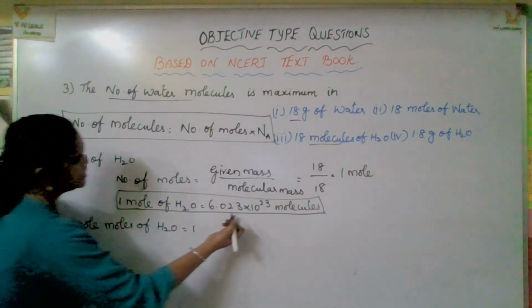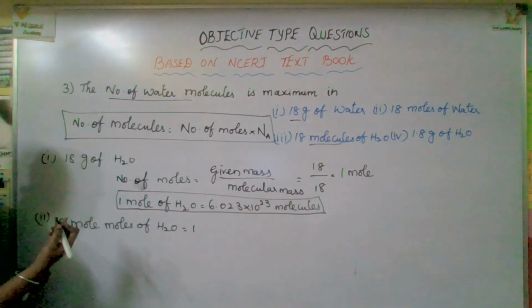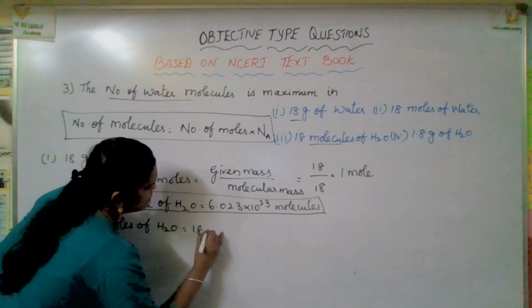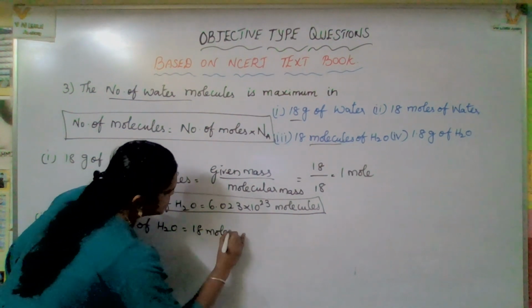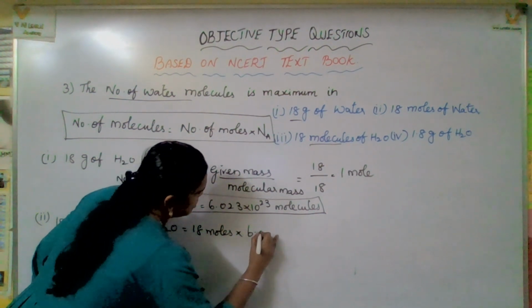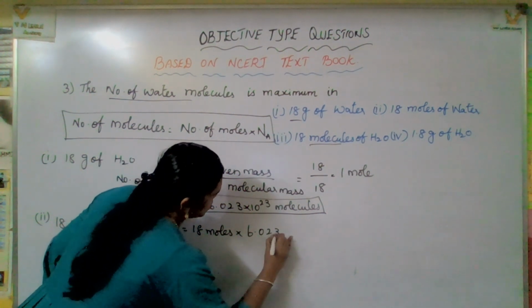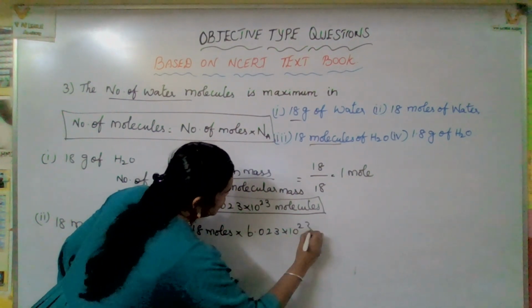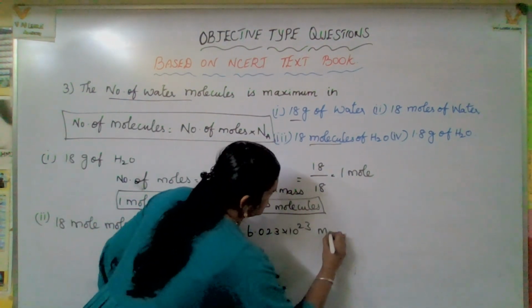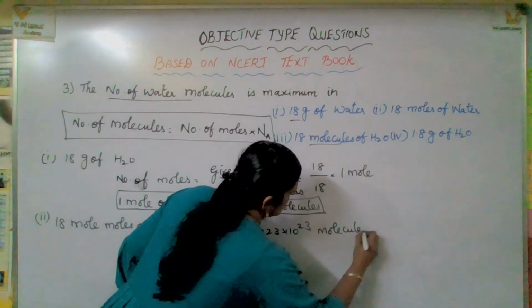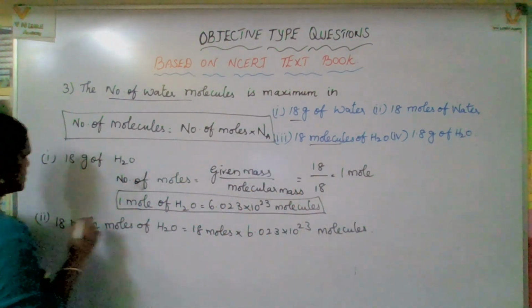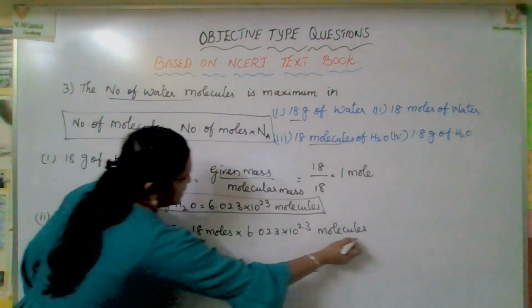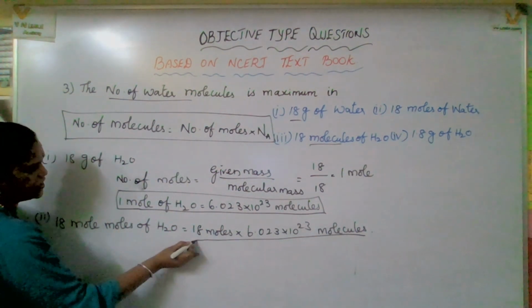So 1 mole equals 6.023 into 10 to the power of 23. Therefore 18 moles into Avogadro number is 18 into 6.023 into 10 to the power of 23 molecules. Right. Okay, now for the second question, this is the answer.